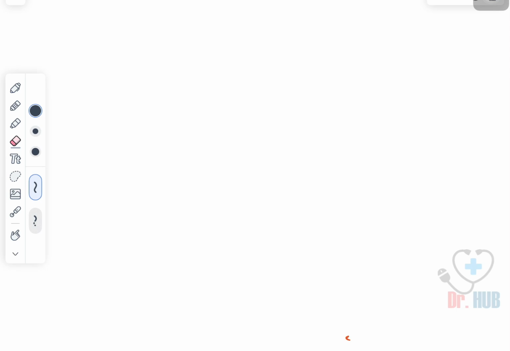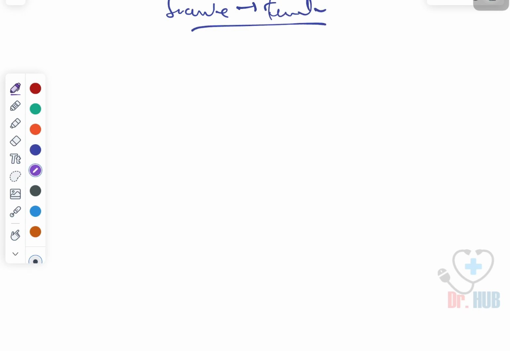Then moving on to the third question and the answer. The third question we asked was, in the conversion of succinate to fumarate, what are the steps involved? Succinate is 4 carbon, fumarate is 4 carbon.